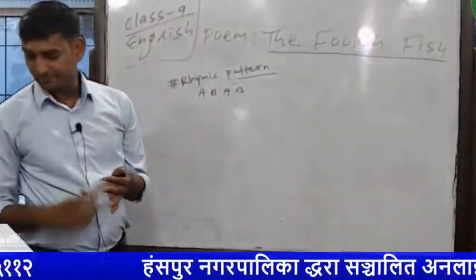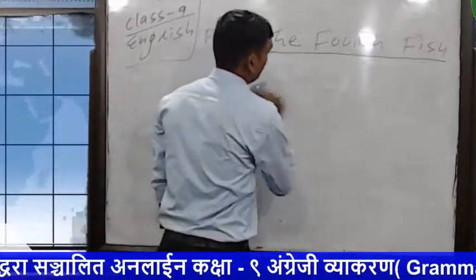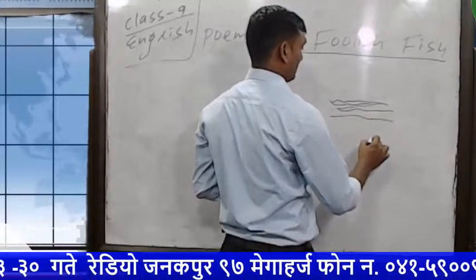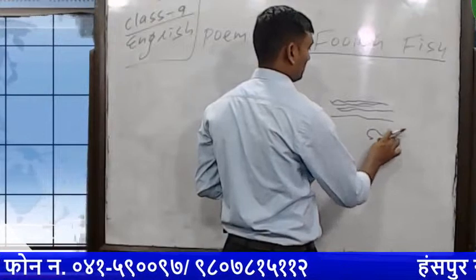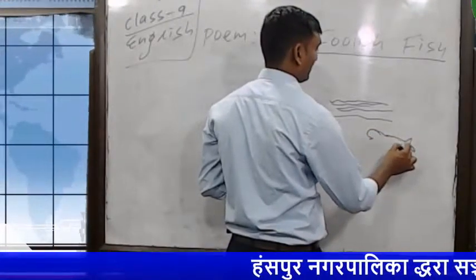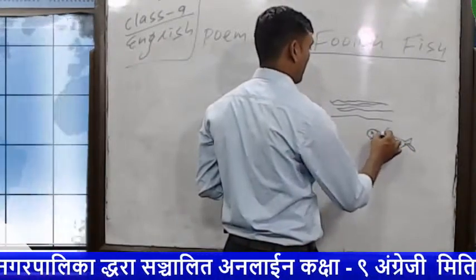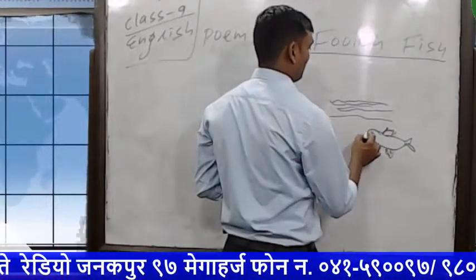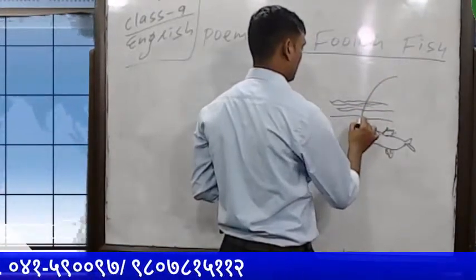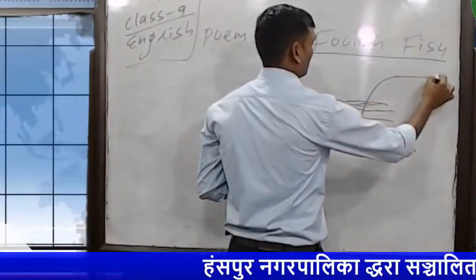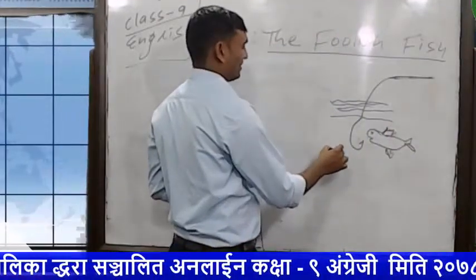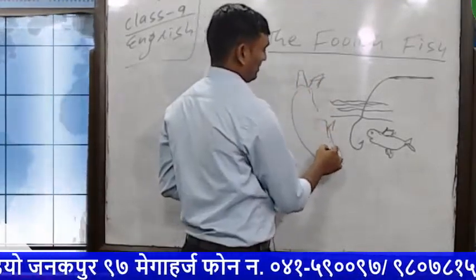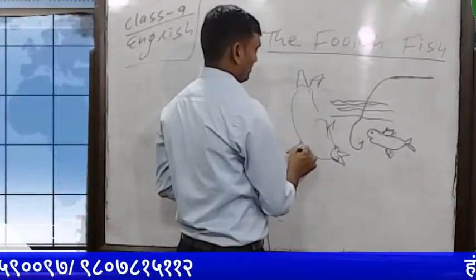So there is a scene in this poem, the scene of a pond or any water resource. In the water there is a fish, a baby fish, and a mother fish also, and there is a hook. They talk to each other about the hook.